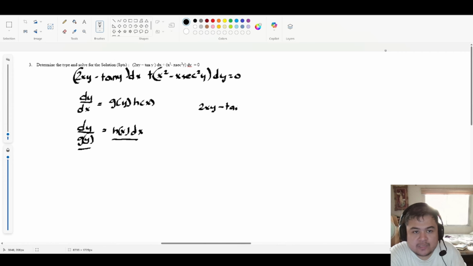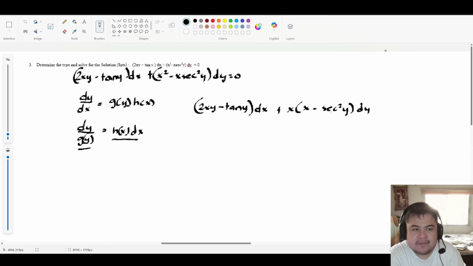So for this case, 2xy minus tangent y dx, because x and y here are in the binomial, this cannot be separable. We could separate x on the opposite side, but that's just it. We cannot separate x on this binomial.